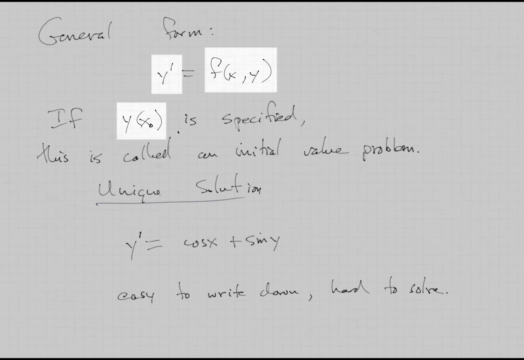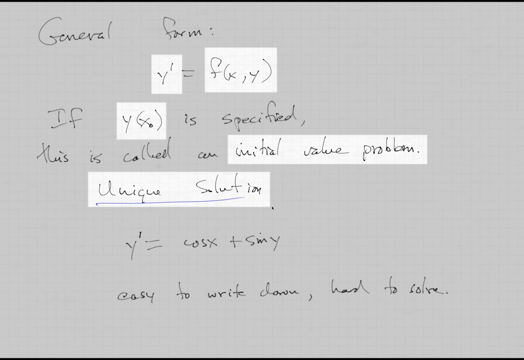If we're given the corresponding y value at the beginning, then this is called an initial value problem, because we've got the initial value of the function y, and we're trying to fill in the successive values. In general, this will have a unique solution. There's a quite general result in differential equations that says an initial value problem will have a unique solution.